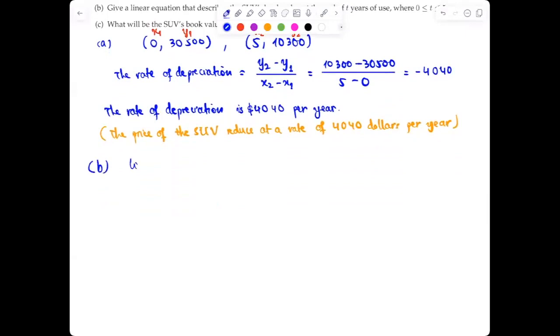So the linear equation, or the linear function, we need to find is V of t equal to mt plus b.